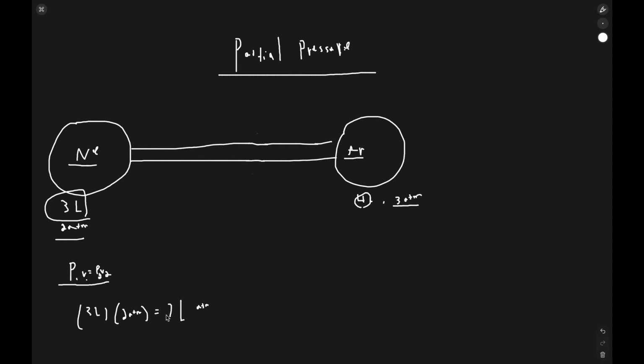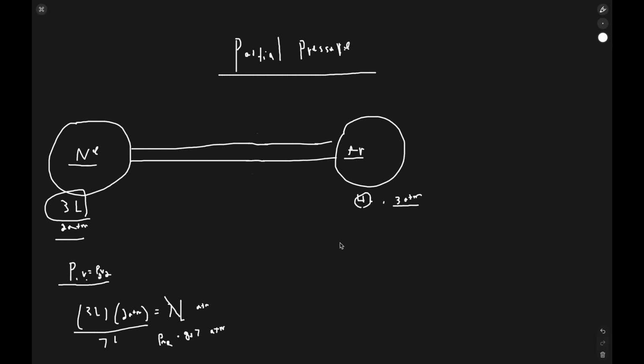So you divide by 7 liters, and you get 3 times 2 divided by 7 equals 0.857 atmosphere. Now that's the partial pressure of neon.